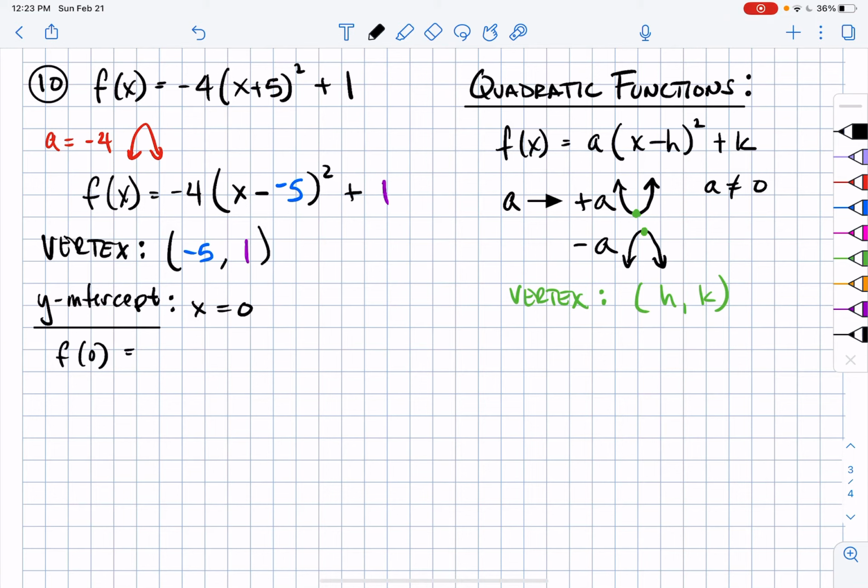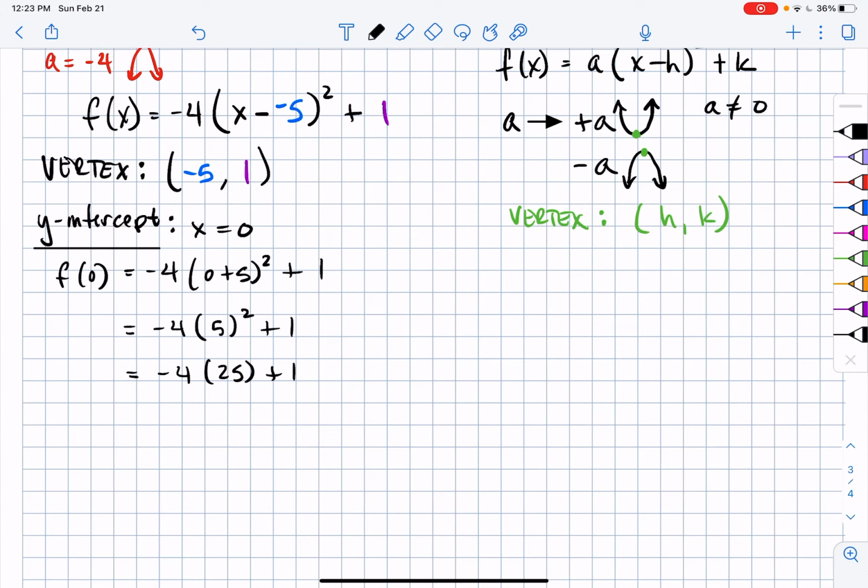Well, that's going to equal negative 4 times 0 plus 5 squared plus 1. That's going to give me negative 4 times 5 squared plus 1. So it's going to equal negative 4 times 25 plus 1. Oy. So f of 0 is going to equal negative 99.